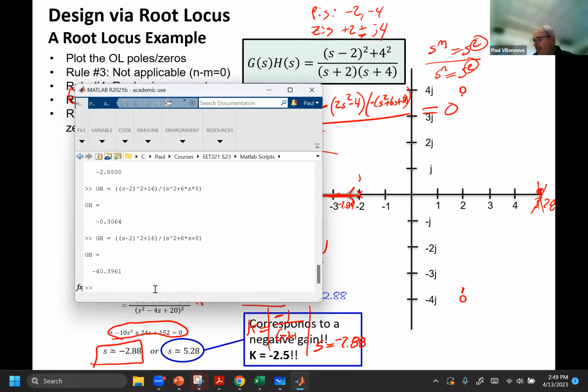Now my value of K is going to be equal to the magnitude of minus 1 divided by GH. So that value of K is a pretty small number, 0.0248. That's how you'd solve for that.